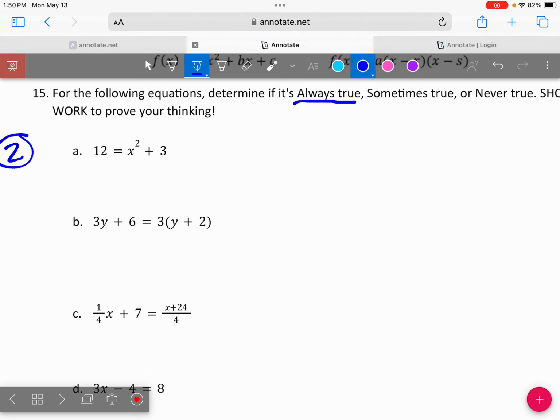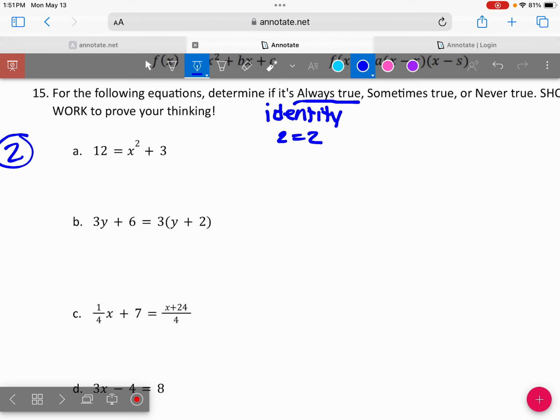So always true means it's an identity, meaning, we use that word a lot, 2 equals 2. Something that is inherently math true. Always true. Doesn't matter what x is, doesn't matter what y is. Sometimes true means it has a solution.